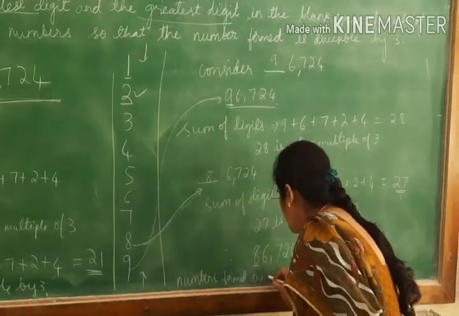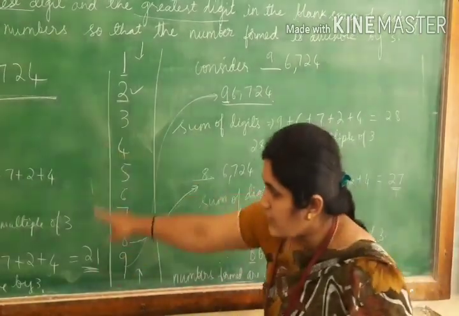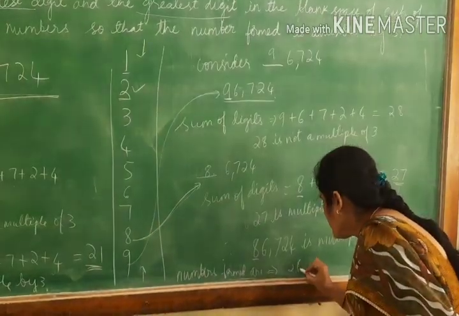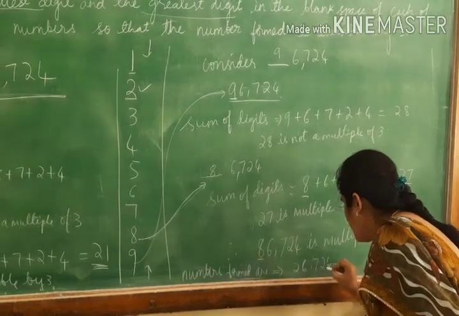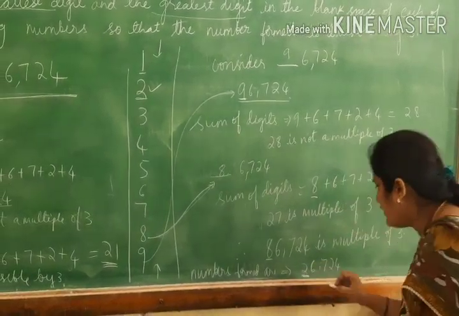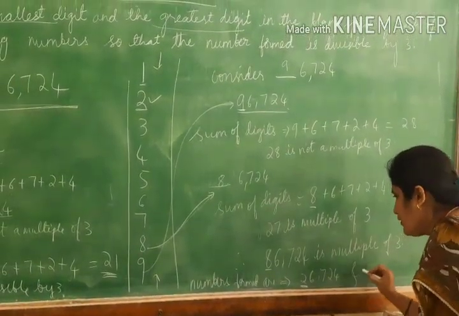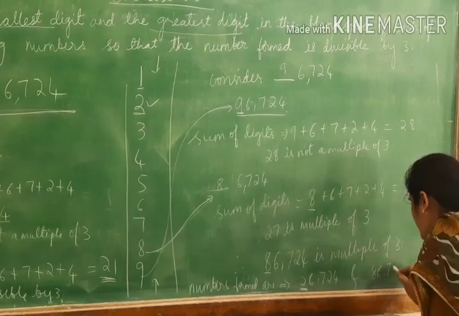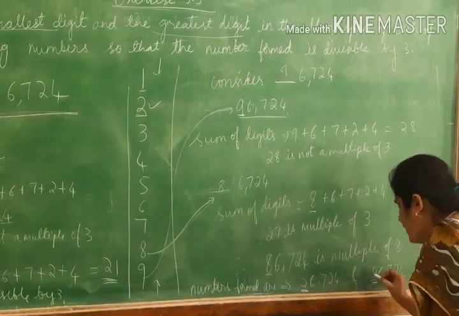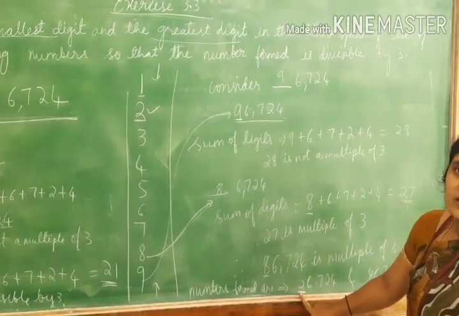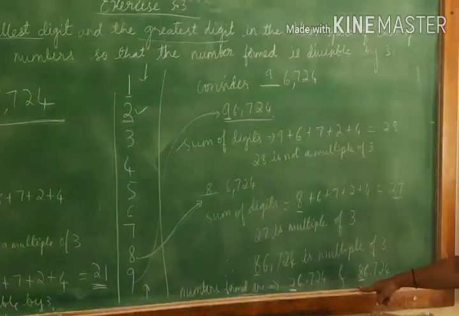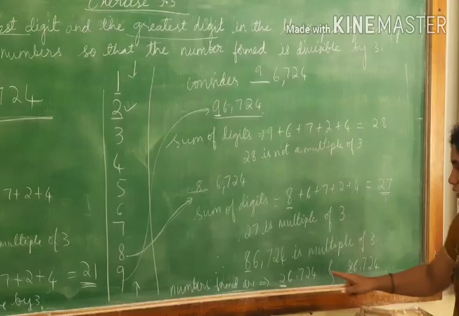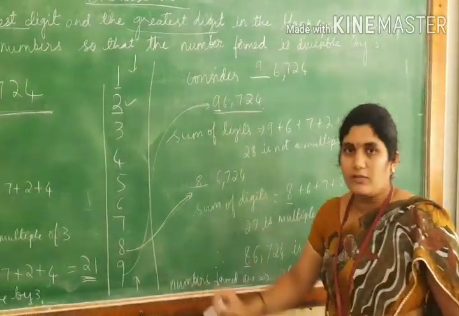Let me write both the numbers. The first number was 26,724, where 2 is the underlined digit, and 86,724. Both are divisible by 3. But here we have used the smallest digit and here we have used the greatest digit. Both the digits are different according to the number line.